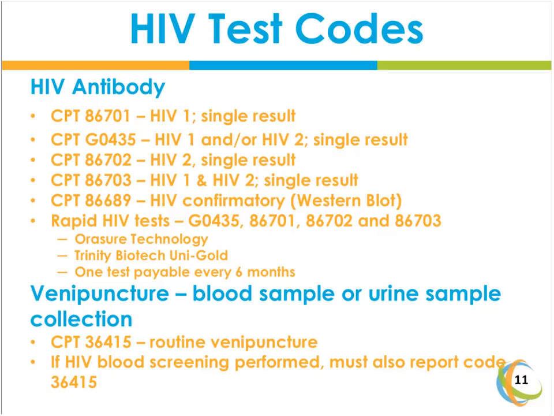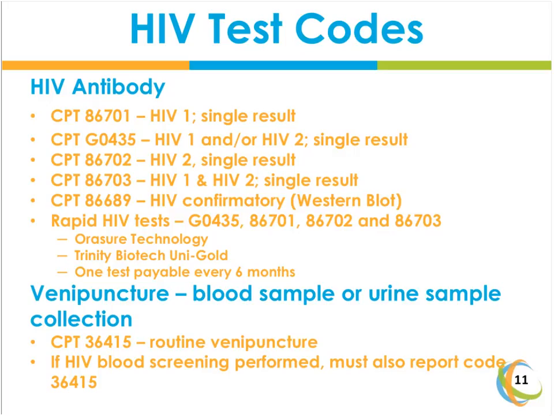So most of the local Medicaid agencies prefer the combo code because it comprises both the HIV-1 as well as the HIV-2. CPT code 86702 is for the single result, and this is typically used for the patients that have been diagnosed with the HIV-2 virus.